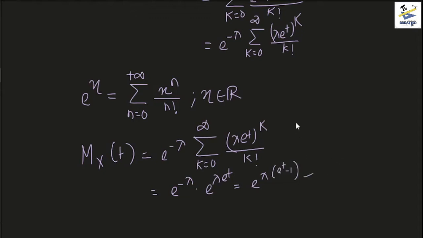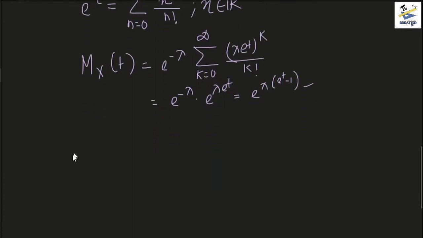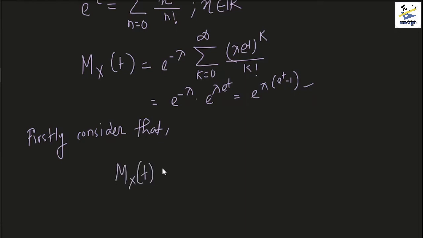Also what we see here is the moment generating function can be differentiated in order to find the moments. Why is that true? We shall prove it right now. So firstly, consider that M_X(t) is equal to the expectation of e to the power tX, right?